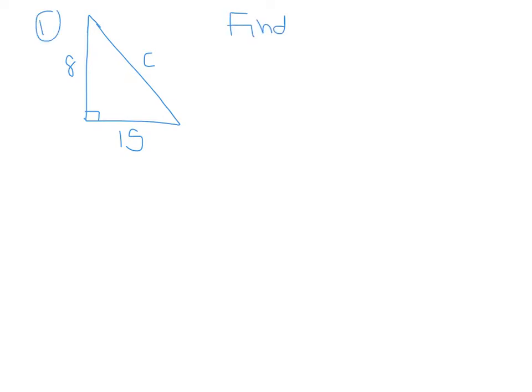So it works like this. If I give you a right triangle and I was to tell you that this side is 8 and this side is 15, I want to find the hypotenuse. This is example 1, which is finding the hypotenuse.